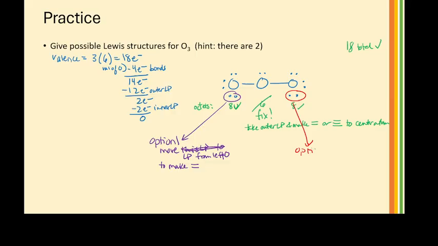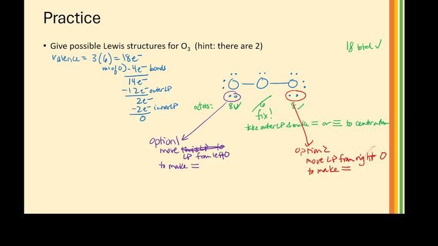Option 2 is we can move a lone pair from the right oxygen to make a double bond. All right, so I'm already in red, so let me do that.